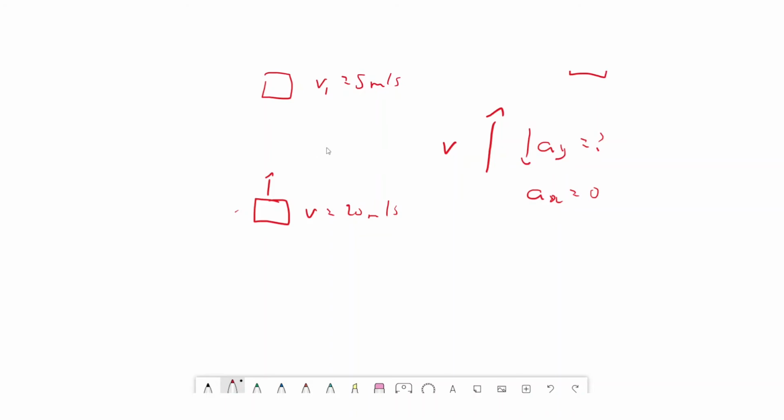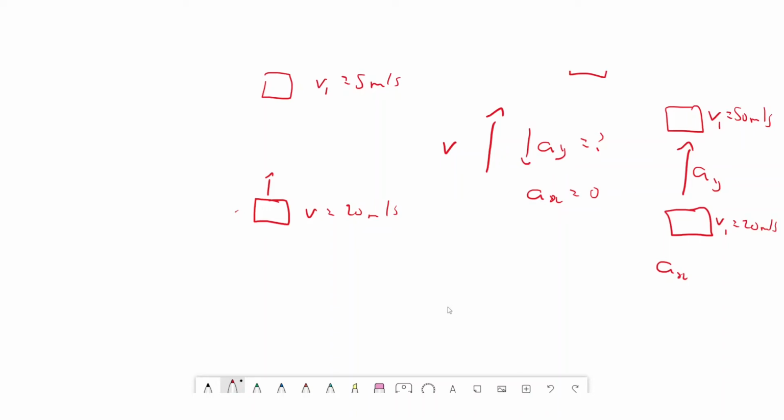All right. It is also possible to have an object and you're applying a force on it such that it's speeding up. Maybe here it is 20 meters per second. Here V1 is 50 meters per second. It's speeding up. So there is acceleration in the Y direction going up, but there's still no acceleration in the X direction. So whenever something is not moving towards the left or the right, there's no AX.